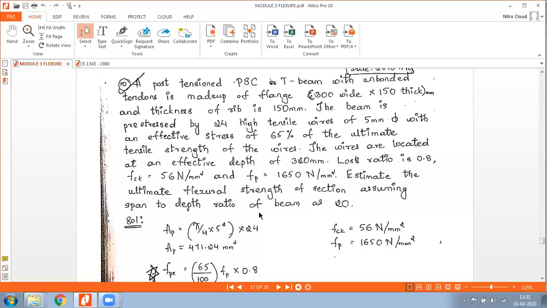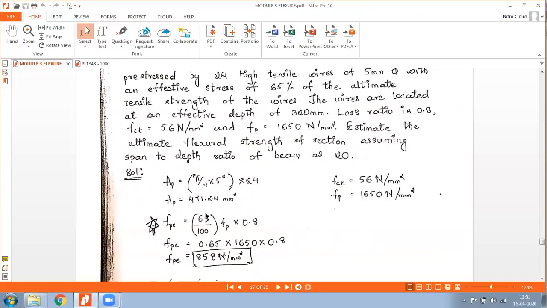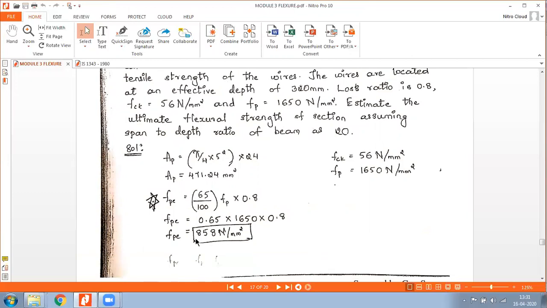He has given some of the hints, that is effective stress of 65% of the ultimate tensile strength, means in this 1650 Newton per mm square, we need to take only 65%, but in that also we need to multiply with the loss ratio. It is 65 by 100 into Fp into loss ratio 0.8. On simplification, we get Fpe value. Fpe is equal to 858 Newton per mm square.